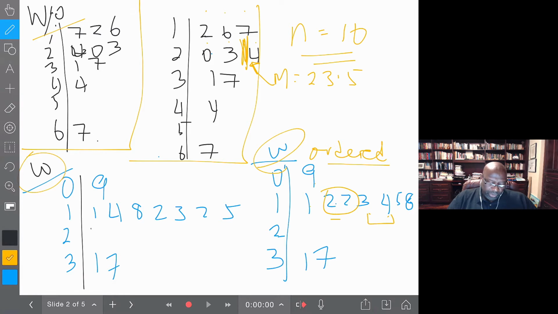So we are between those two values. So between 13 and 14, the value between there will give us a median of 13.5.